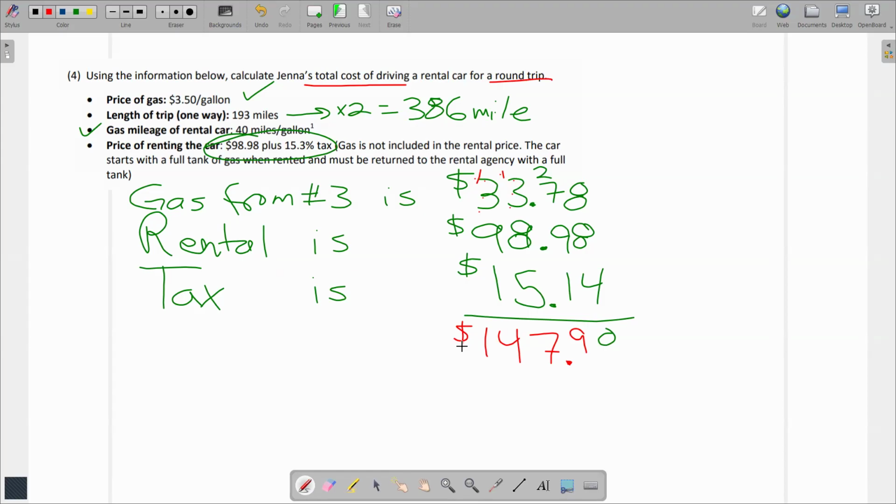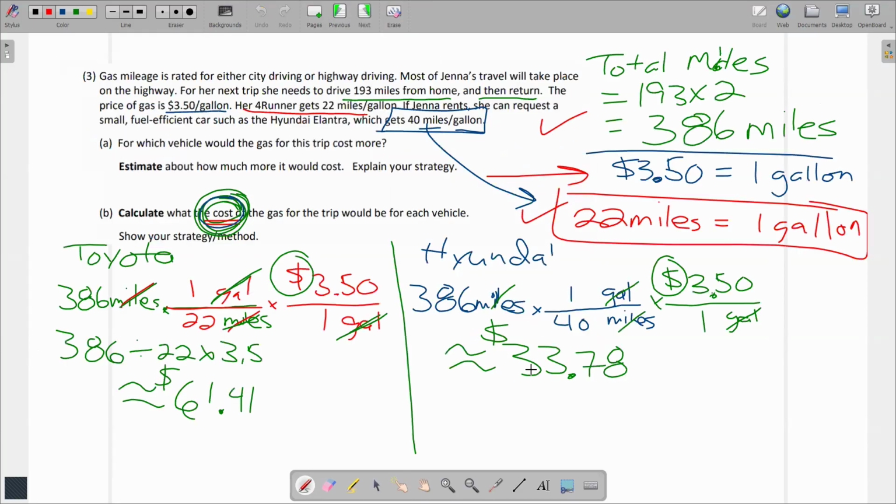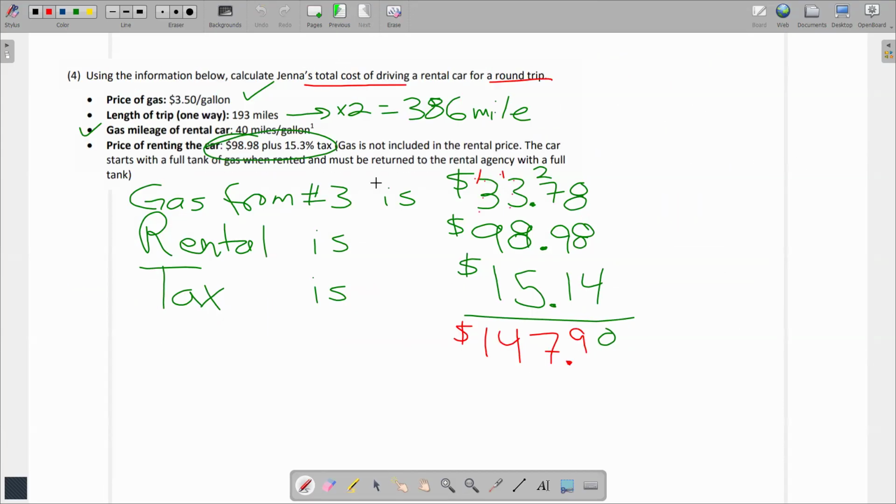All right, let's go double check. Did I get the 33.78 correct? Yeah, that's what we calculated here. So I have that right. And then 98.98. Okay. And then 15.14.